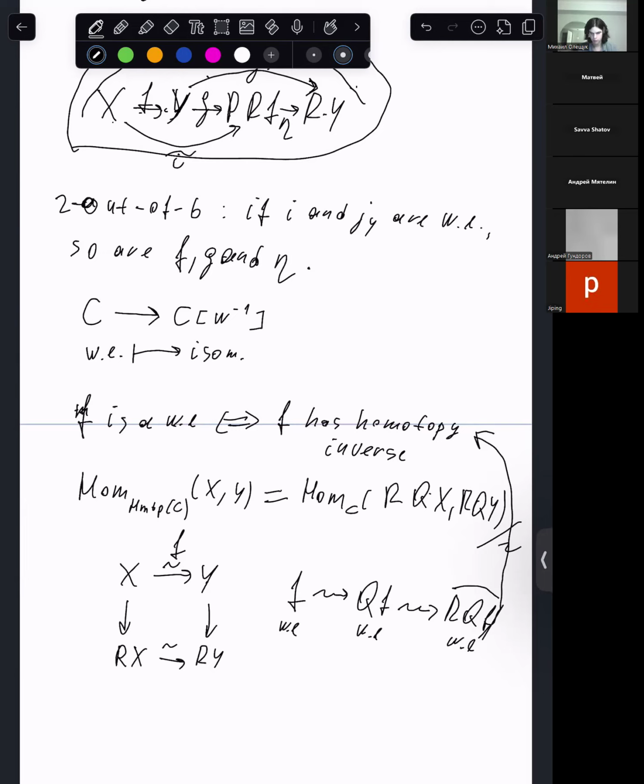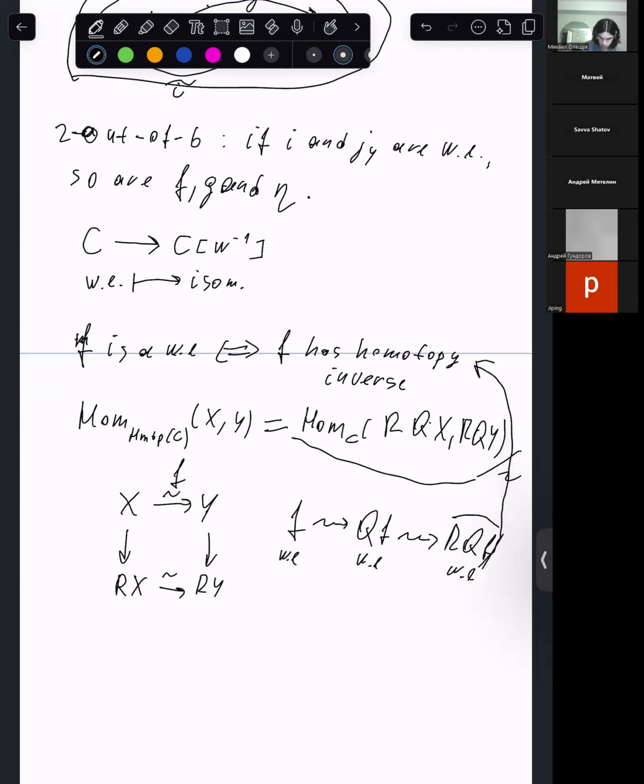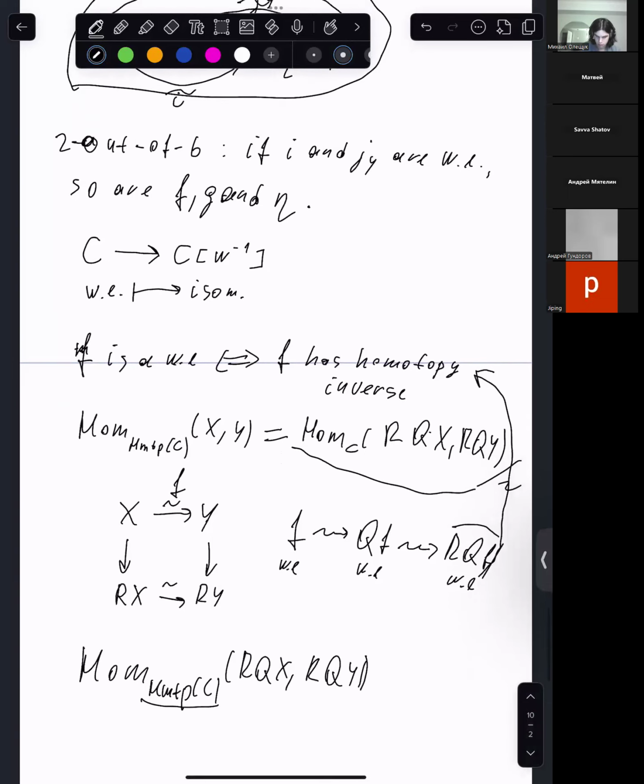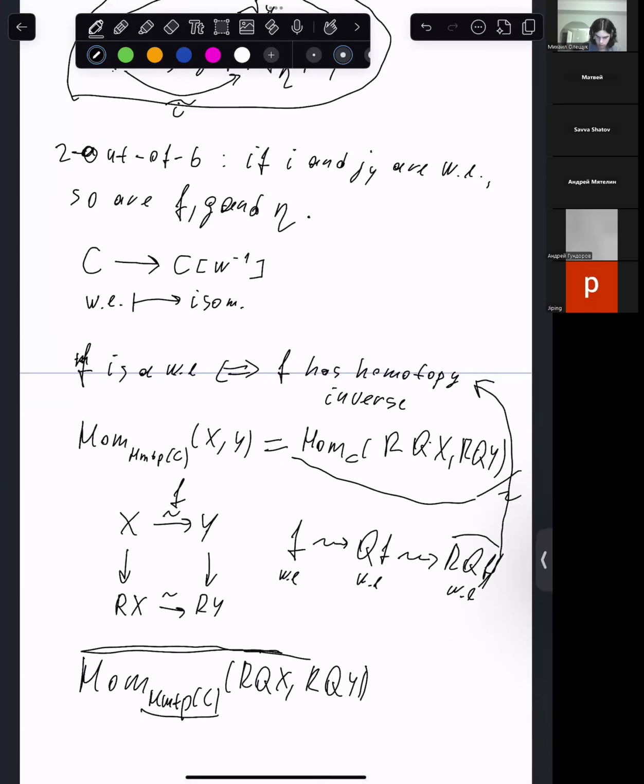So if F was an isomorphism here, in the homotopy category, then it is an isomorphism here.